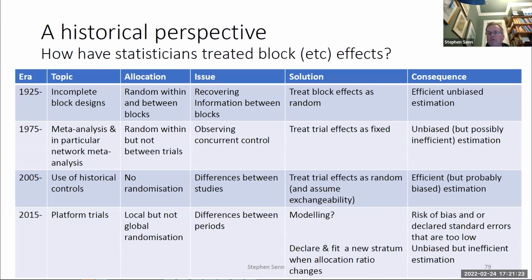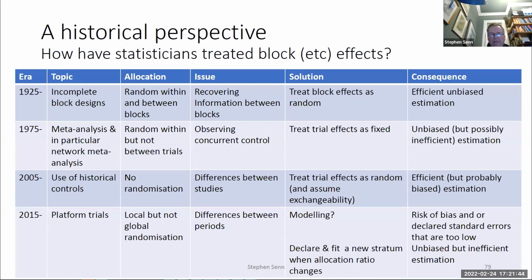Use of historical controls started becoming more fashionable again in the mid-noughties, and there was a lot of important Bayesian work in which essentially the trial effect was treated as random and a certain degree of exchangeability was assumed. And then maybe more recently, we've had platform trials.